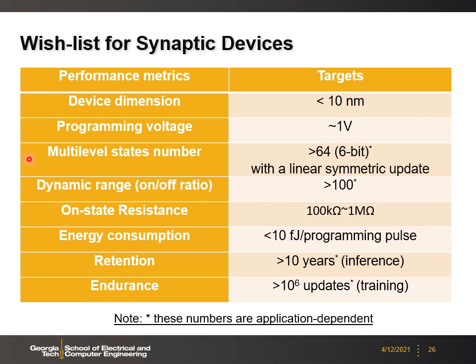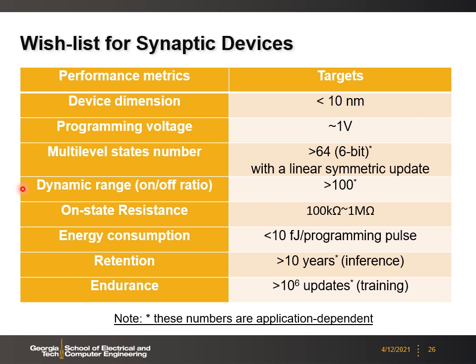This is required for the training. And we also prefer the device to have linear and symmetric updates to achieve good training accuracy. This requirement can be relaxed to 2 bits, 4 levels for inference.